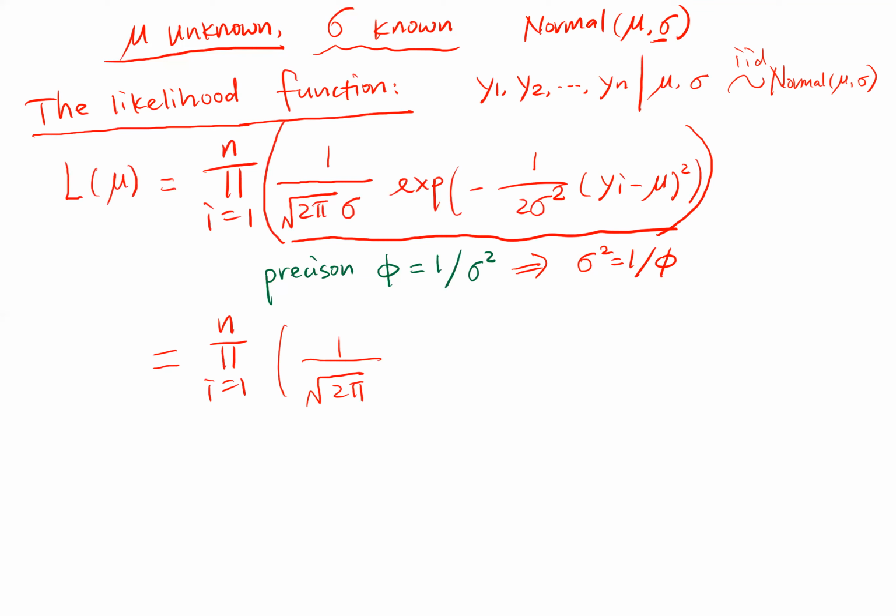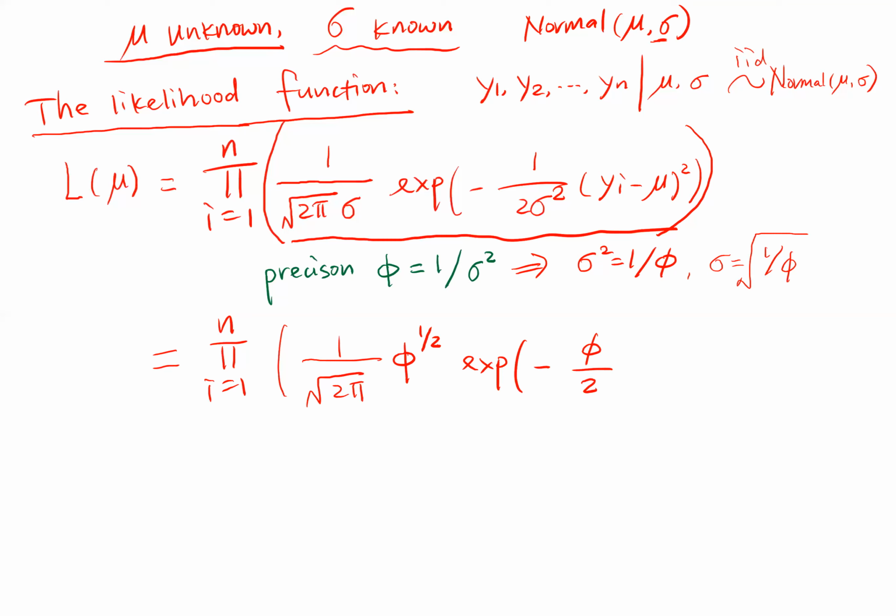So 1 over sigma will be phi to the power of half, the square root of phi. Convince yourself this is right. And it's also straightforward for this one, because you have 1 over 2 times 1 over sigma squared, so that becomes phi over 2.